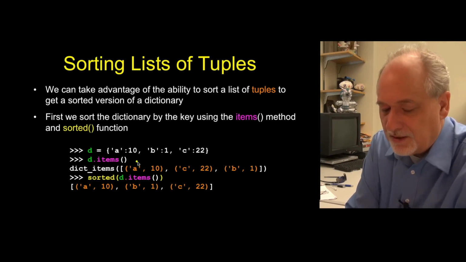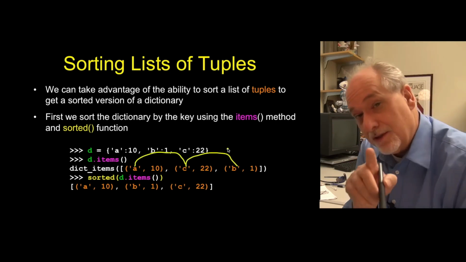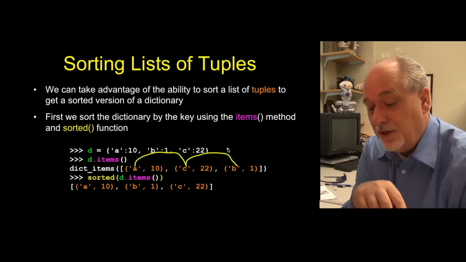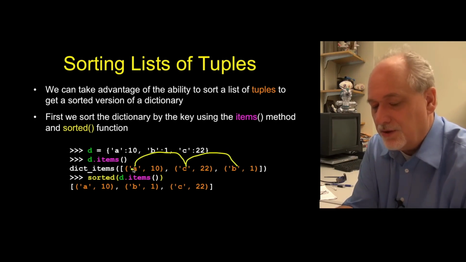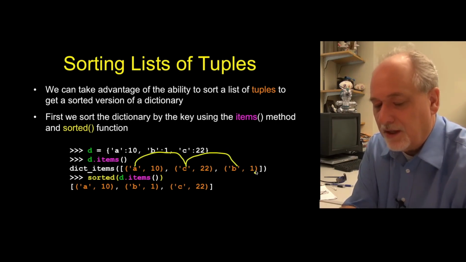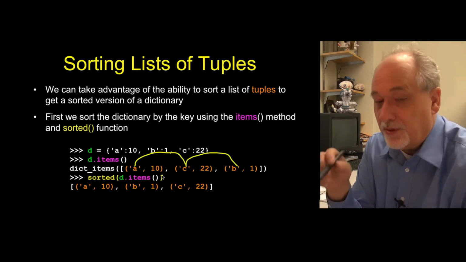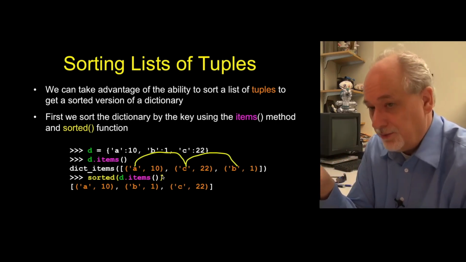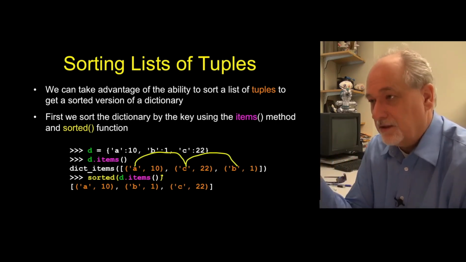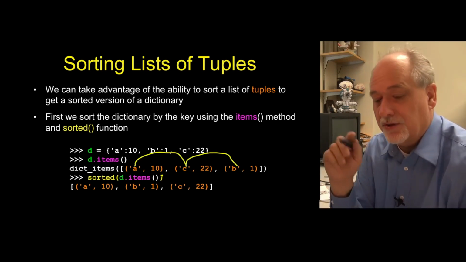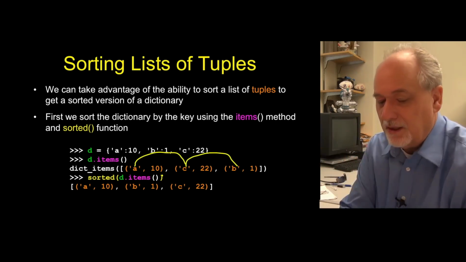So it's basically going to take this list and compare the A's and the C's and the B's, and because it's a dictionary and all the keys are unique, there's never going to be equality, so it really is going to just sort this by keys and never get to looking at the values. You could make a list of tuples that had duplicates in the first element, like we did before, but given that this is coming from a dictionary, the first thing is always going to be unique and distinct.